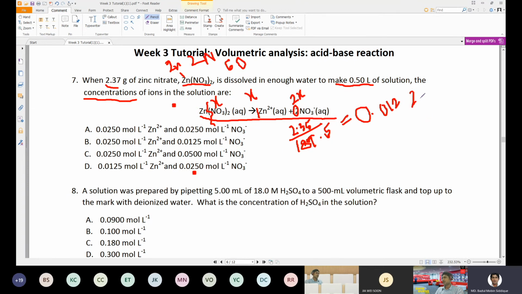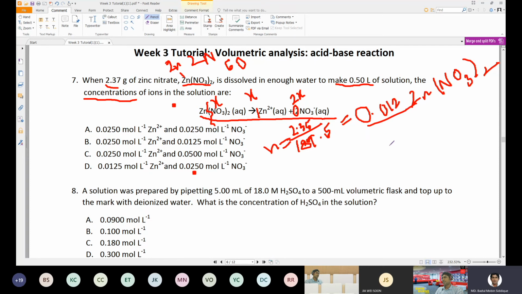This is zinc nitrate all together. So now if I have this amount of zinc nitrate, it's asking for a number of moles. This is the number of moles, but it is asking us the concentration, right? So how do we find the concentration?